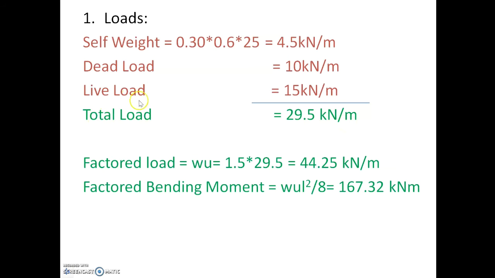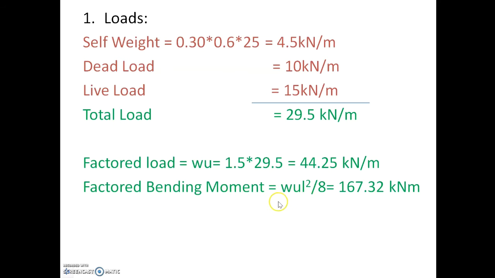After getting the total load, this is known as service load, we have to calculate the factored load by multiplying with partial safety factor of loads, that is 1.5 into 29.5, we will get 44.25 kN per meter. After getting the factored load, calculate the factored bending moment.